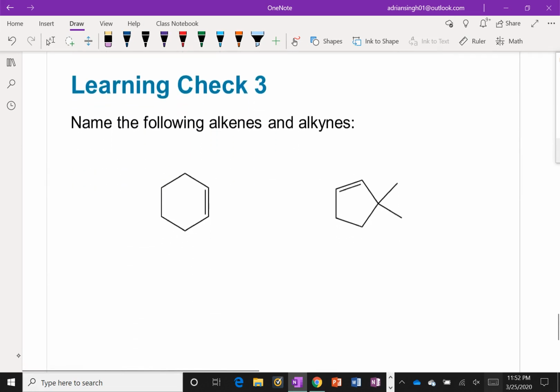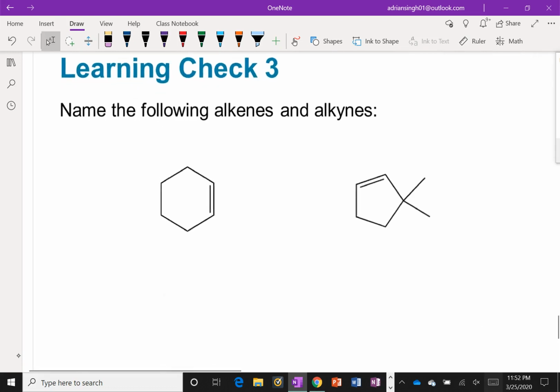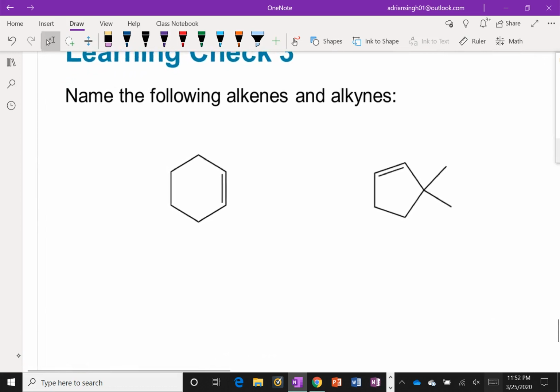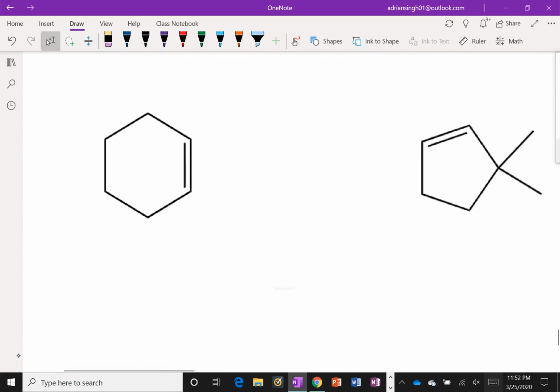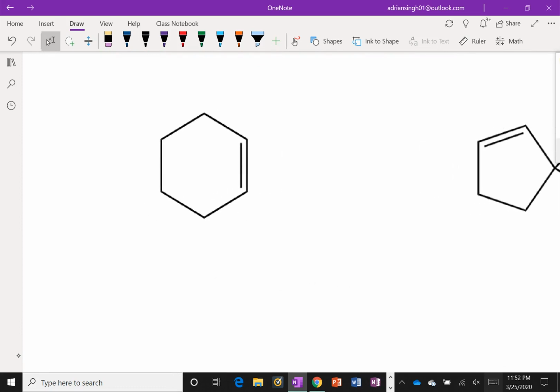All right, let's take a look at a couple other examples over here. So the first one on the left may be a little too easy, I guess, or maybe not, depending on how well you are absorbing this brand new language in chemistry. So we have a ring structure. How many carbons are in it? We have 1, 2, 3, 4, 5, 6.